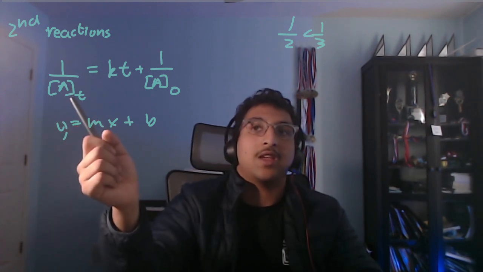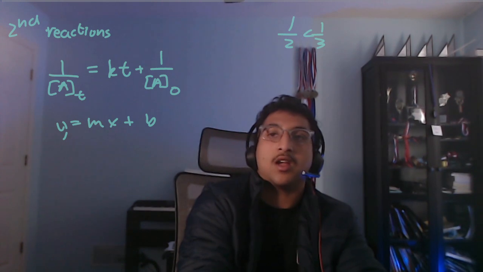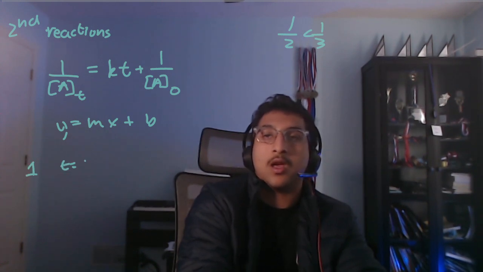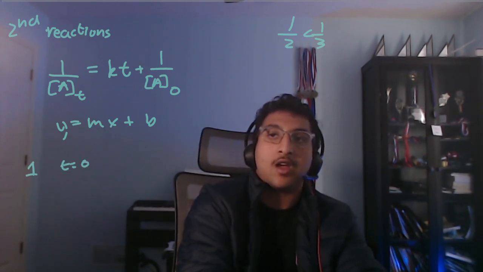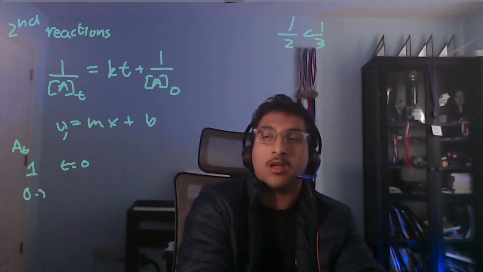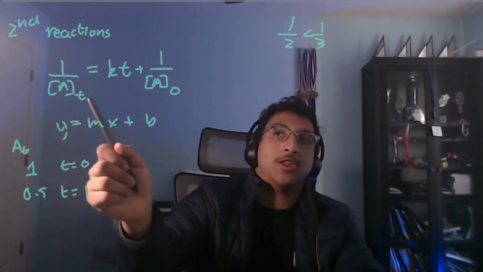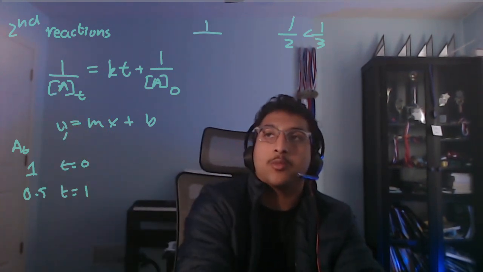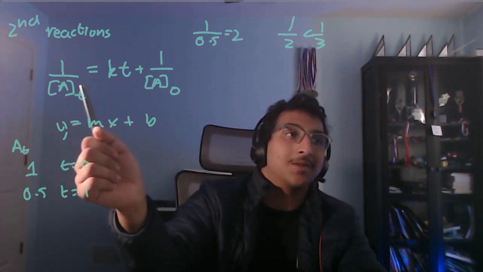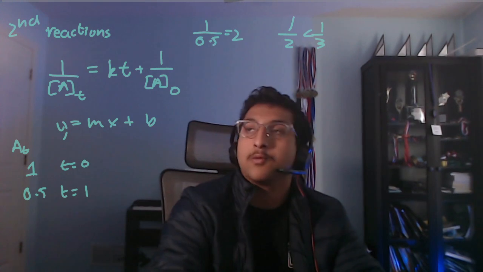Let's say [A] of t starts at 1 at time 0. Then let's say [A] of t becomes 0.5 at time equals 1. If [A] of t is 0.5, then the denominator is 0.5, so 1 over 0.5 is equal to 2. So this actually increases. That's why the slope needs to be positive here.